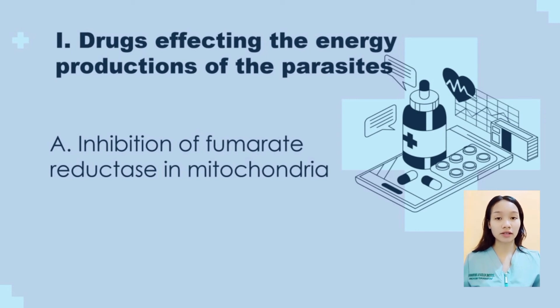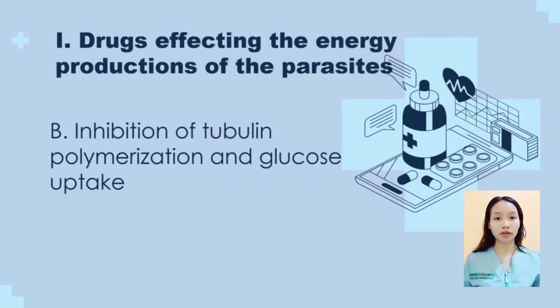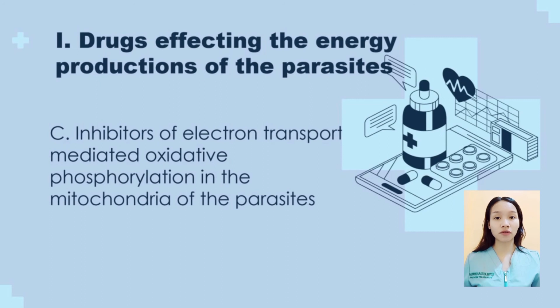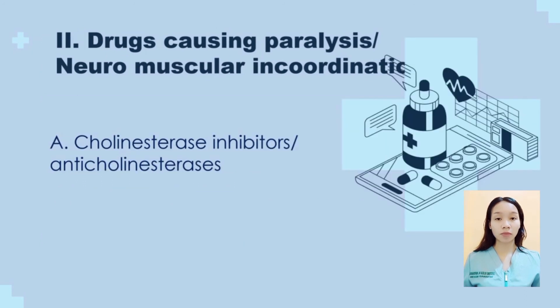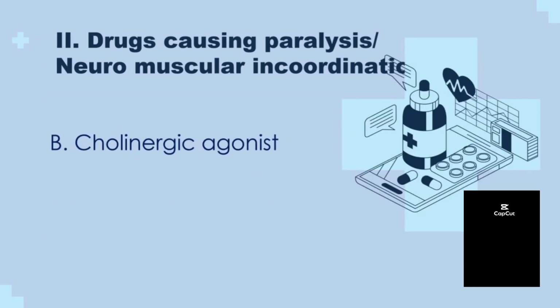This process aids in the reoxidation of NADH to produce ATP. The drug inhibited the production of ATP by fumarate reductase, which caused the parasite to die from muscular paralysis.